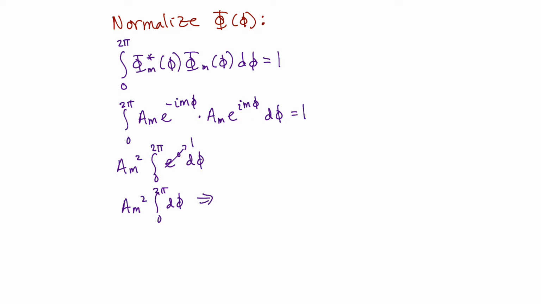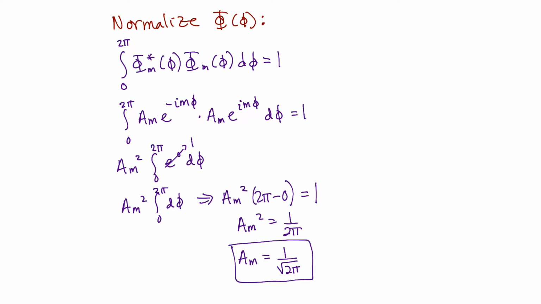So we get A sub m squared times 2 pi minus 0 equals 1. A sub m squared equals 1 over 2 pi. And then that gives us a normalization constant of 1 over the square root of 2 pi.